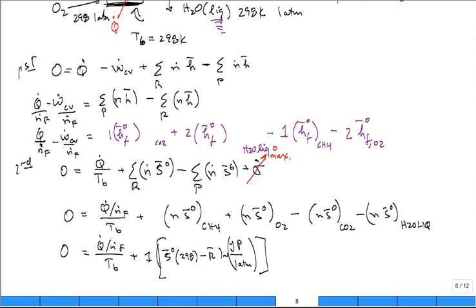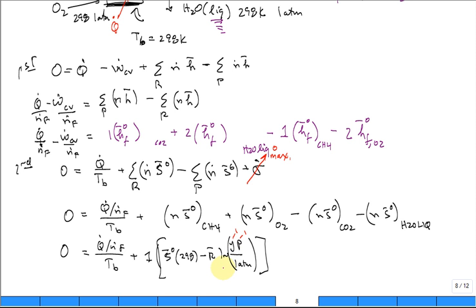It's a pure stream of CH4 methane coming in. So what's Y for that pure stream? What's the mole fraction of methane in a pure stream of methane? 1. And it's at 1 atm. So guess what? This is 1, this is 1, all that's 1.